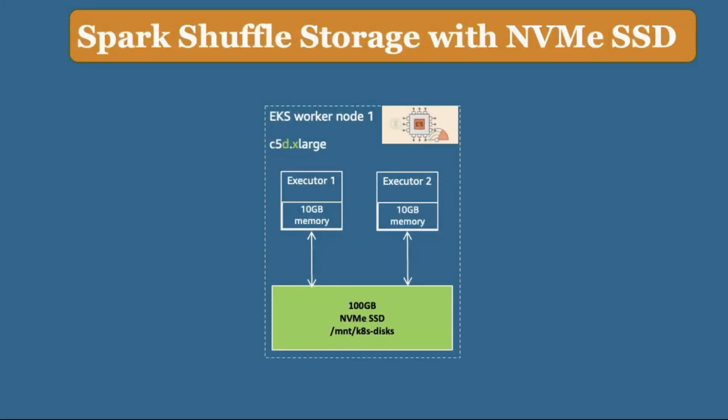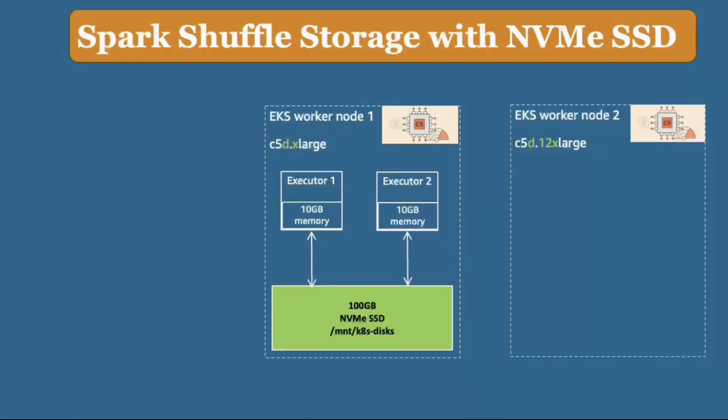Then they need the SSD memory mounted at /mnt/k8s-disk. So the local storage for the executors is coming from the SSD. So this is where the Spark storage is used. That means it is providing very high throughput and low latency.